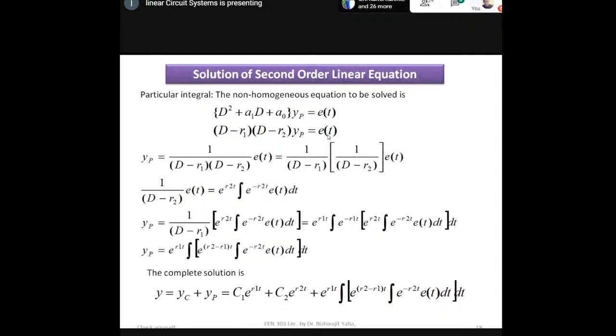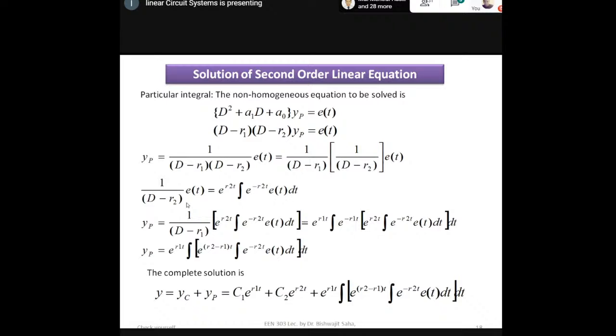Now we are separating 1 over D minus R1, 1 over D minus R2 of e of t. So 1 over D minus R2 of e of t equals e to the power R2t times the integration of e to the power minus R2t into e of t dt. This line is basically coming from the first order equation particular integral.